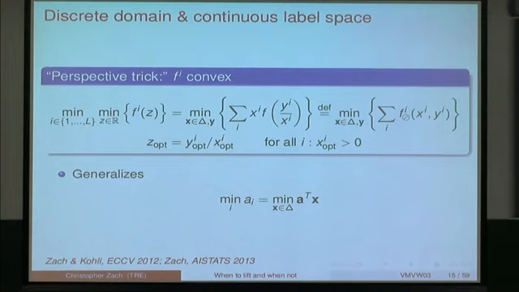What I'm going to use is a little fact that at least seems not to have been known in the computer vision community before. It is a generalization of the fact that you can rewrite the minimum of a finite number of values by optimizing over the simplex.